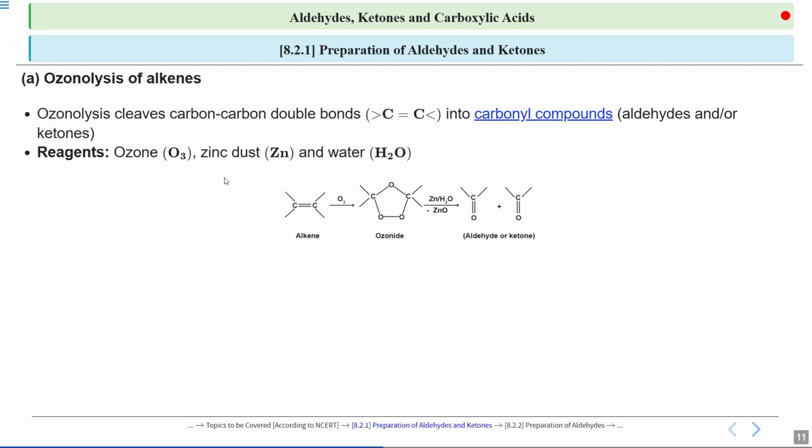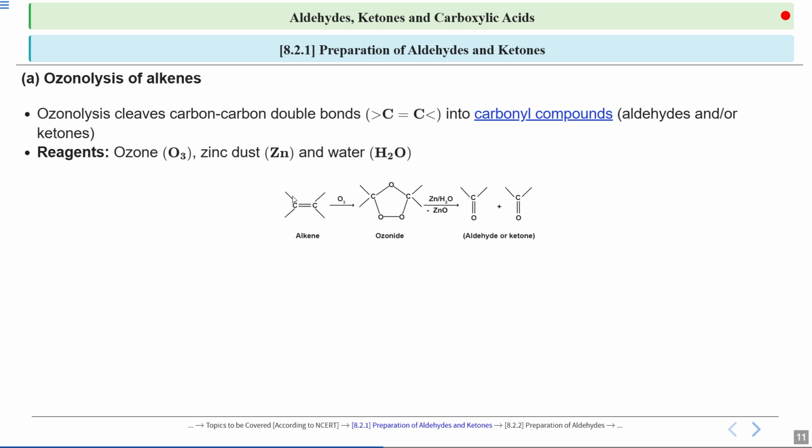One carbon-oxygen bond breaks, and the other carbon-oxygen bond breaks. To fulfill the valency of carbon, it forms a carbon-oxygen double bond because oxygen loves to form double bonds. So you get the corresponding aldehydes or ketones.